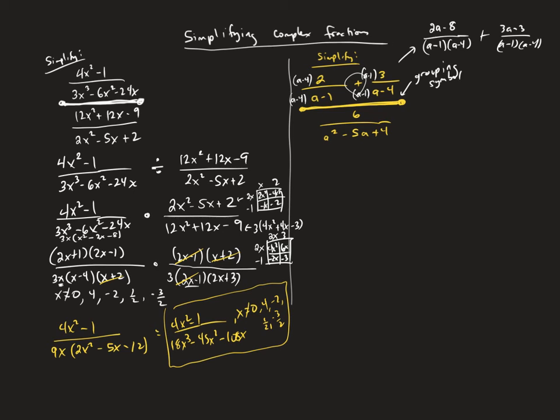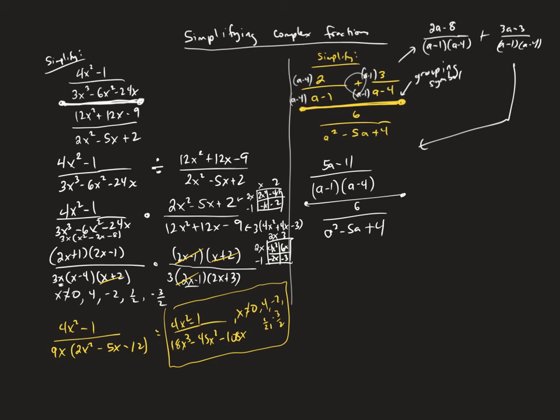And then when I add the fractions, I add the numerators, so it would be 2a minus 8 plus 3a minus 3. And then those denominators stay the same. But in this case, I'm going to go ahead and leave them factored. I don't want to combine everything until I get to the end, because things might simplify. And they simplify when they cancel, right? And we cancel when we got them factored.